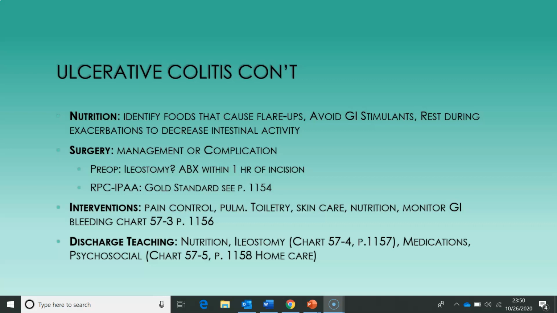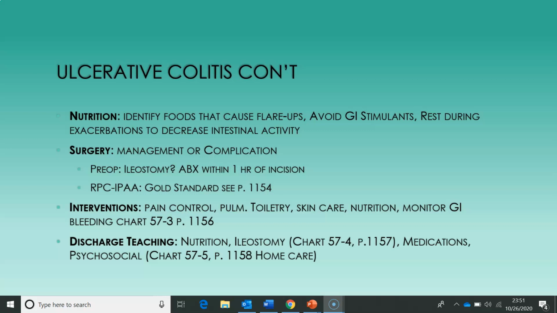And remember that one of the core measures from JCAHO is that they have to have their antibiotic 1 hour before incision time. Interventions postoperatively are pain control, pulmonary toilet, that is cough, turn, deep breathe, skin care, nutrition, monitor for GI bleeding. And this is all listed for you quite nicely on page 1156.